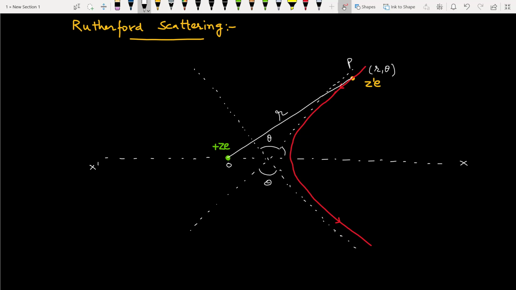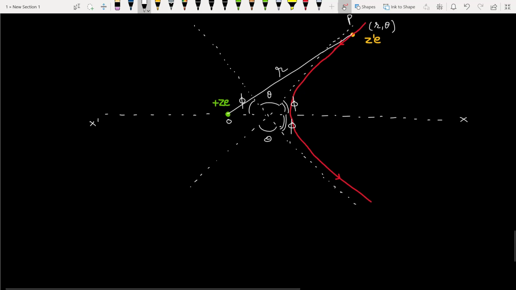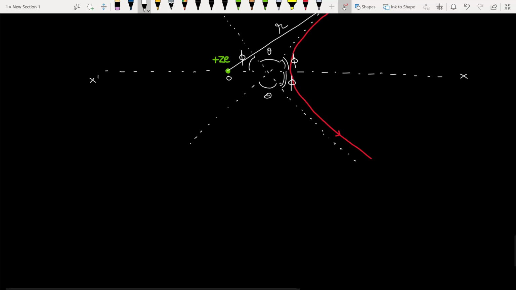Let this be the incident direction, let this be equal to phi, then this angle and this angle are also phi, and this is the scattering direction. So this is the problem that we are to deal with today. This is the Rutherford scattering of a charged particle from a heavy nucleus.